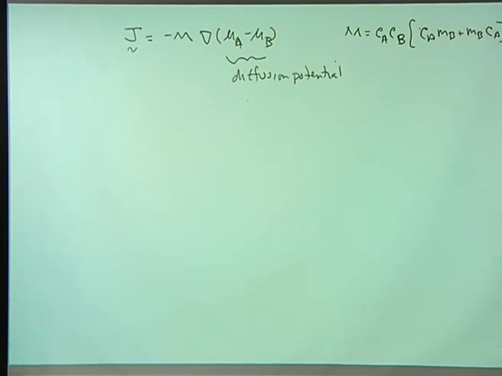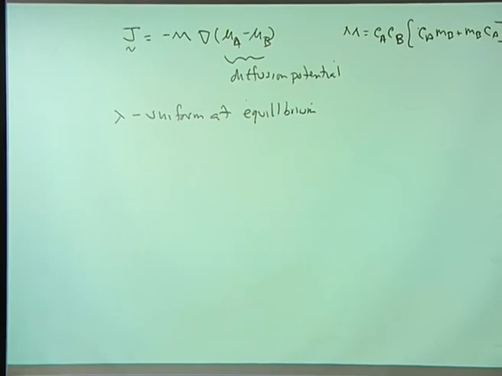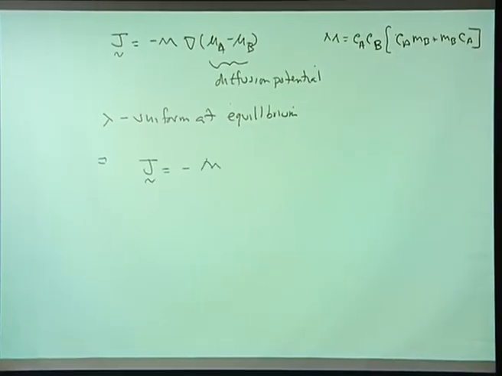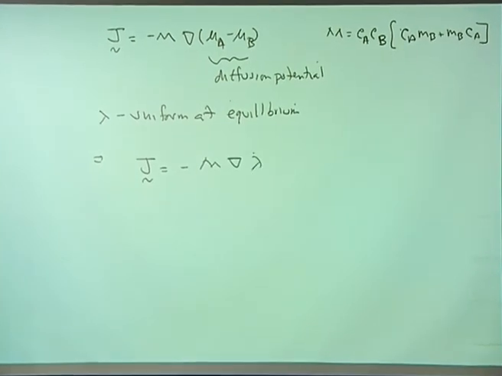In our case, we're going to have lambda, which is uniform at equilibrium. And that implies that the flux is going to be equal to minus M times a gradient in lambda.